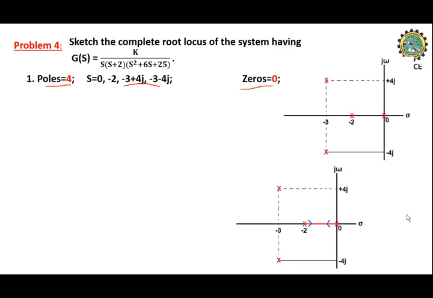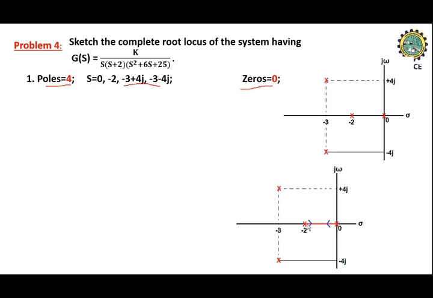Also you can see the poles are the starting points of the root locus and zeros are the ending points. So this is a pole and this is another pole. This pole should be the starting point, so the root locus branch has to move away from this point.